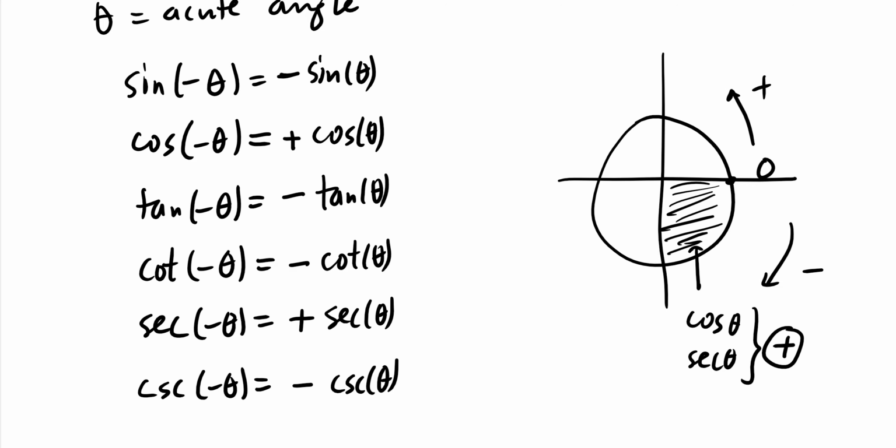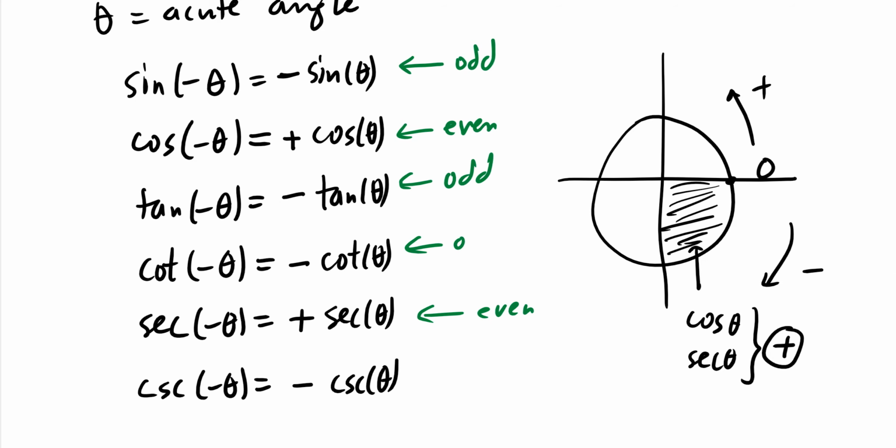This tells us that this is an odd function, this is even, and this is even. The rest are odd functions. That's why we call them even odd functions, because some of them satisfy the even function condition and some satisfy the odd one.